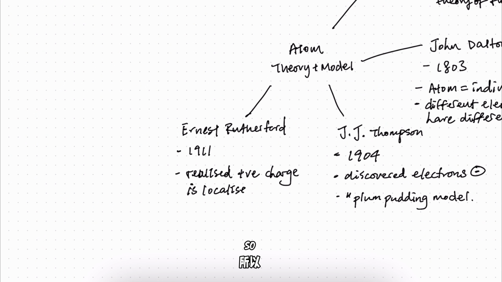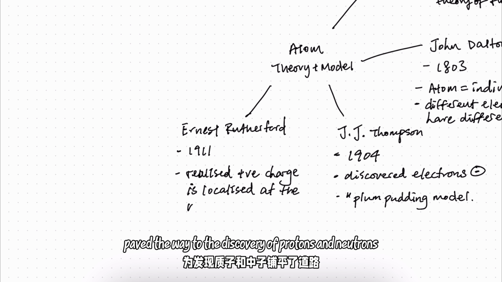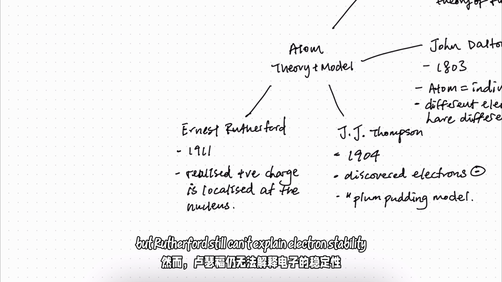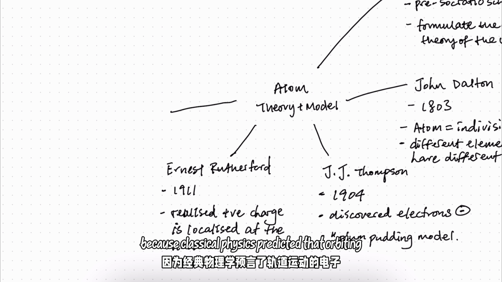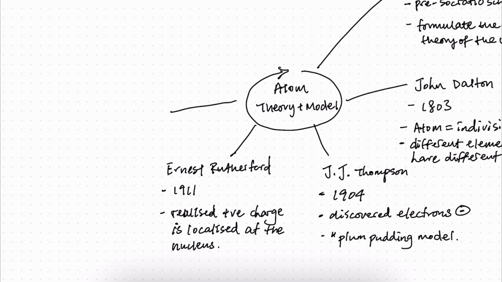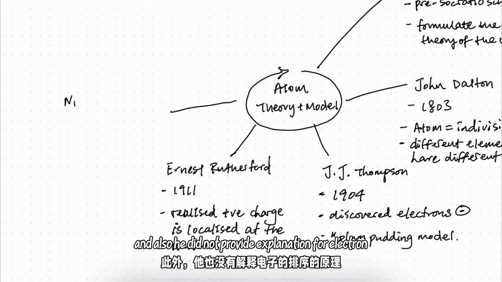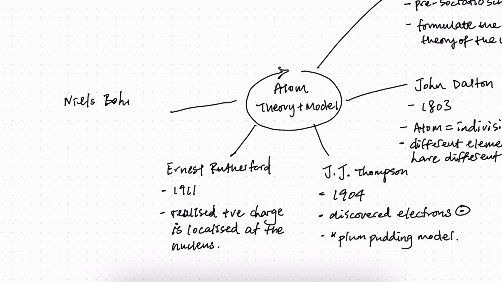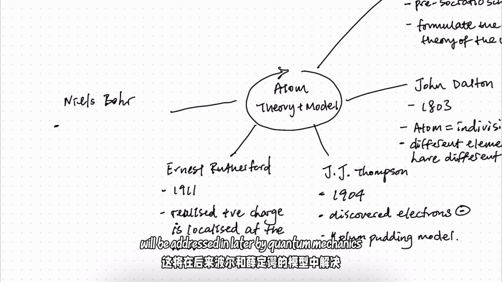So this later paved the way to the discovery of protons and neutrons, but Rutherford still couldn't explain electron stability because classical physics predicts that orbiting electrons should lose energy and collapse into the nucleus. And also he did not provide an explanation for electron arrangement, which would be addressed later by the quantum mechanics models by Bohr and Schrödinger.